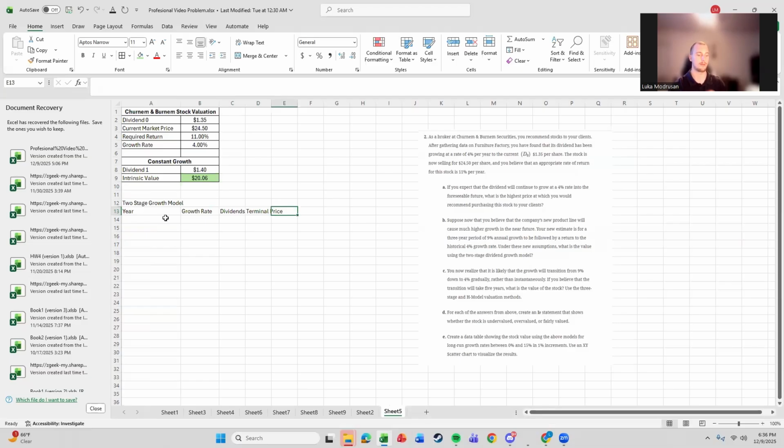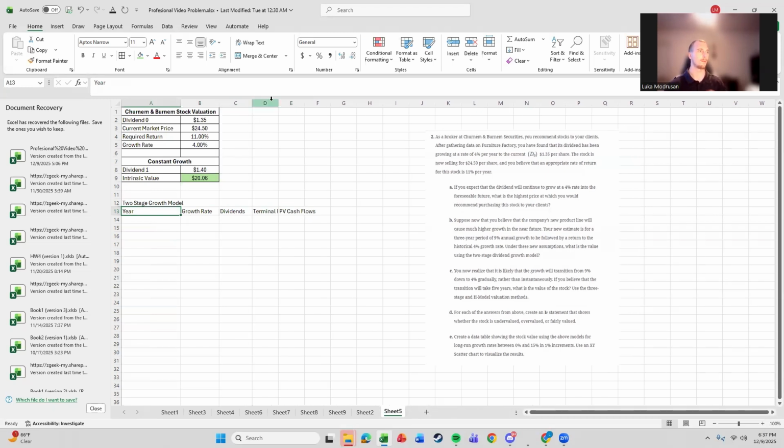And then for the final one, it's going to be the present value of cash flows. So just like that. Let's just widen these a little bit more.